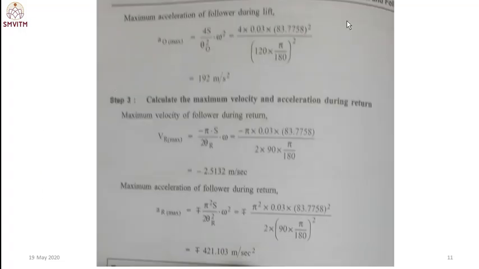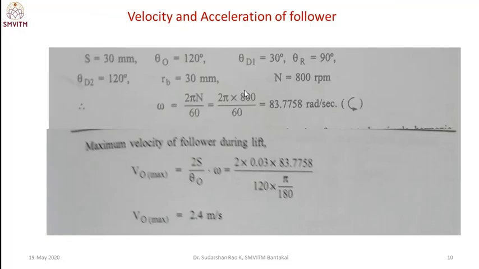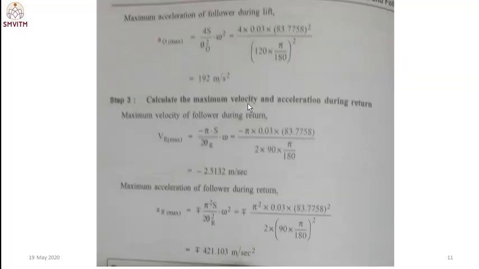Then the maximum acceleration during the lift, the outstroke, is 4 S omega square by theta O square, the equation for uniform acceleration and retardation motion. It is 192 meter per second square. So velocity is 2.4 meter per second and acceleration is 192 meter per second square.